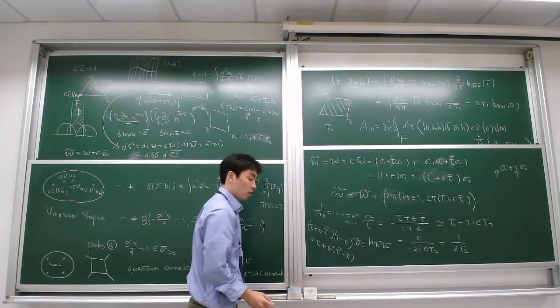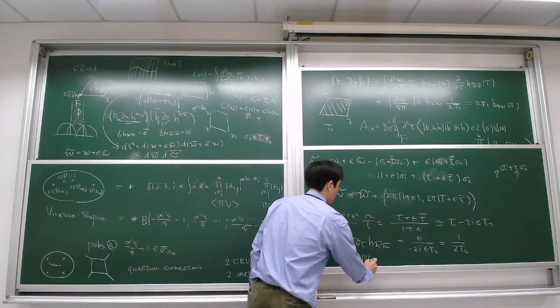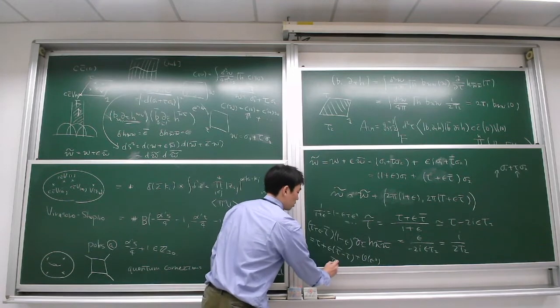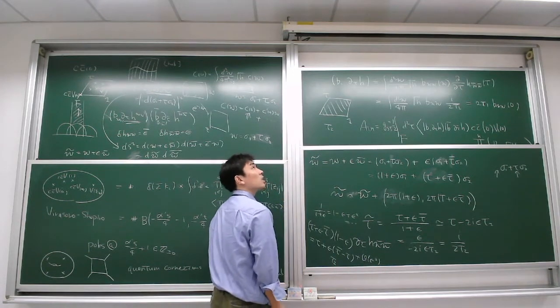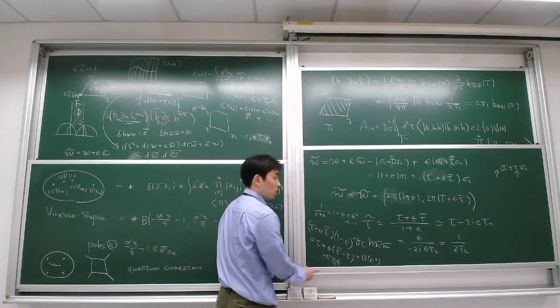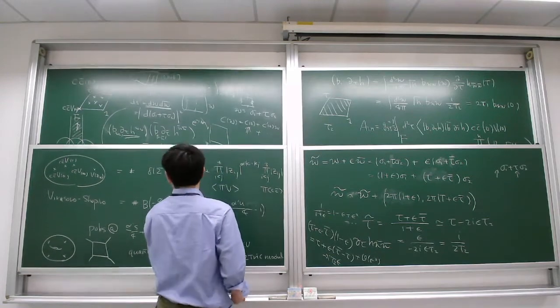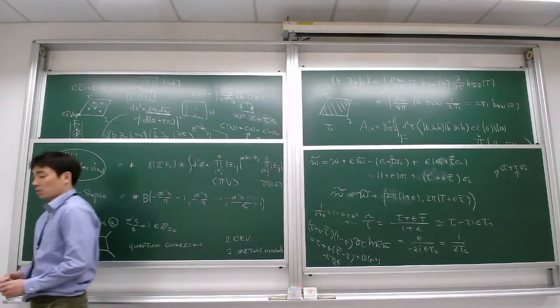Okay, and then at order epsilon squared, this is equal to tau 2 minus 2i epsilon 1, and that will give you that one. Any other question?